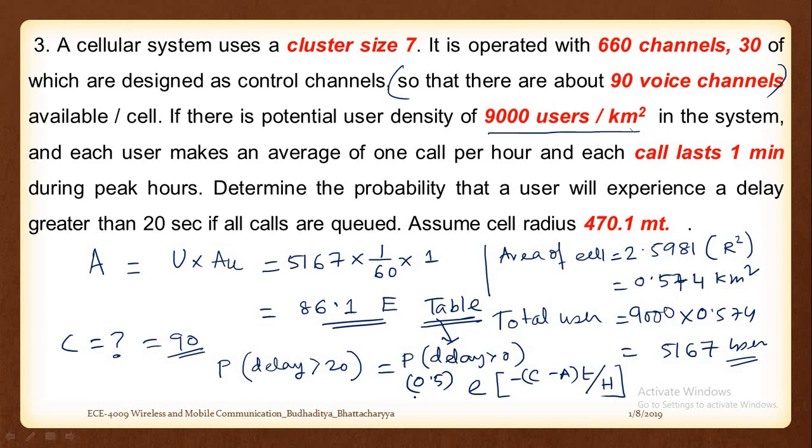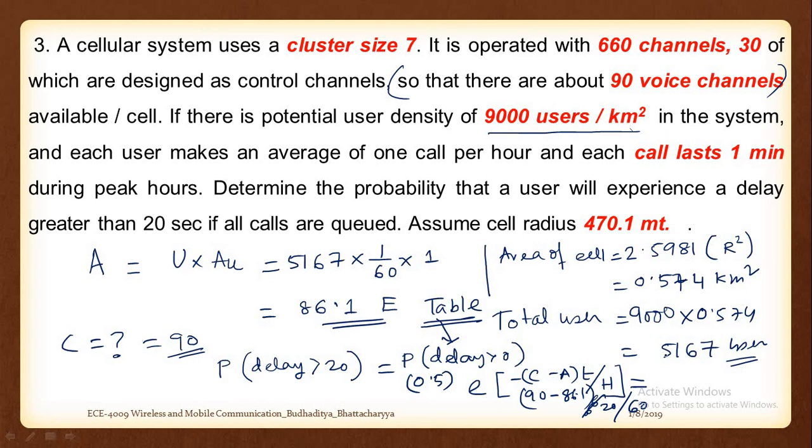What is the value? 0.5 multiplied by e to the power minus, in brackets, C minus A multiplied by t divided by H. C is 90, A is 86.1, t is 20 seconds and H is also given. H is around 60, I think. It's 60.